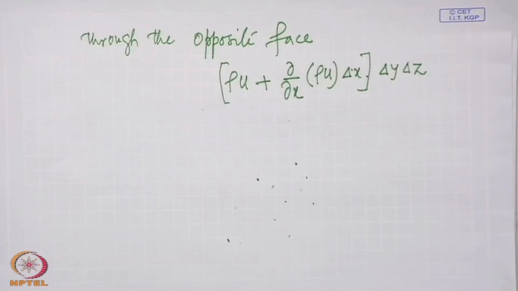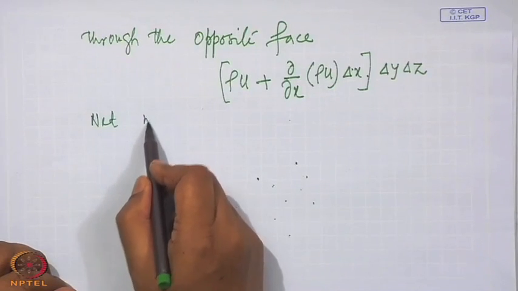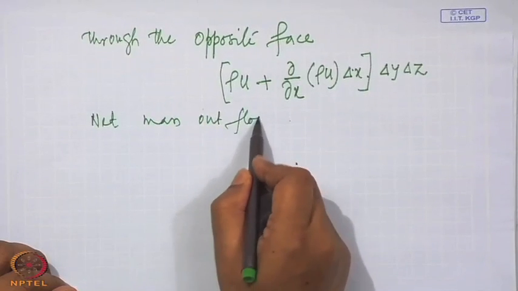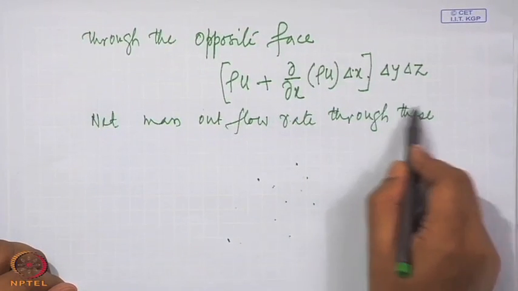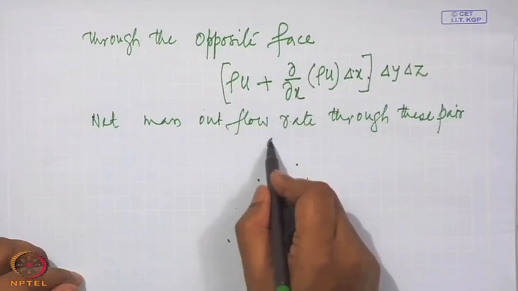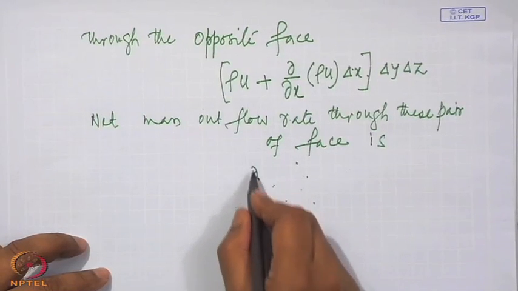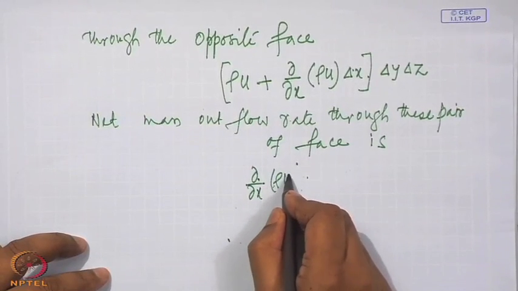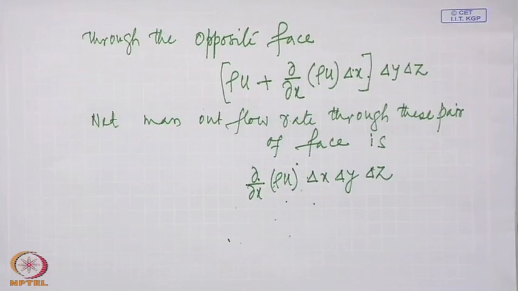Okay. So, now for this pair of phases the net mass flow, there is the difference between the two, the net mass outflow.